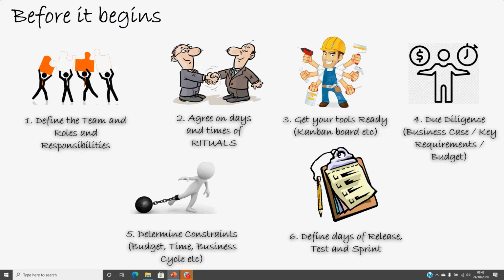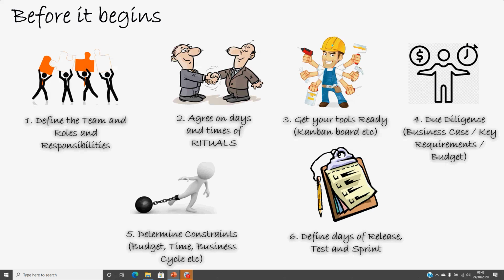So you need to agree upon where this stand-up is going to happen. Is this going to happen in a certain meeting room? Is it going to happen on somebody's desk? It can happen on somebody's desk. People can just join together on somebody's desk and have that meeting. Or, during a COVID-19 situation like this, when people are working from home, is it going to happen over voice or video conferencing? This is something that needs to be decided.